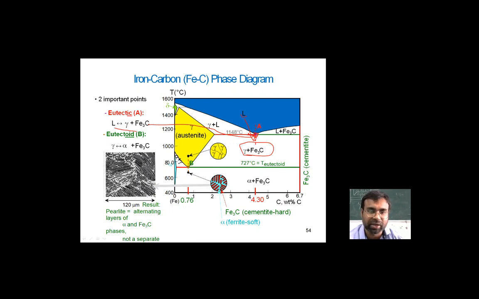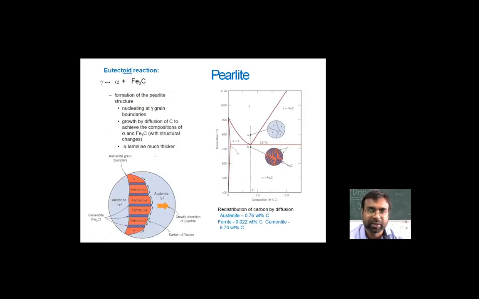And for the eutectoid, at point B, the single solid is transformed into two solids, alpha plus cementite, and that transformation takes place over here. That is how we can identify the transformation happening inside the material.